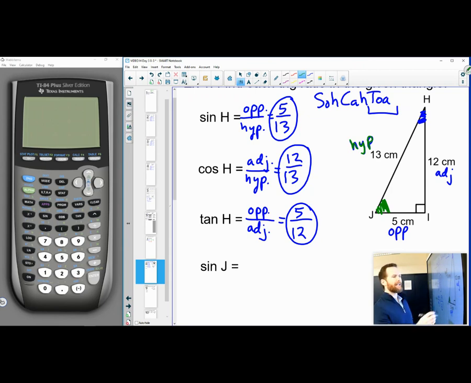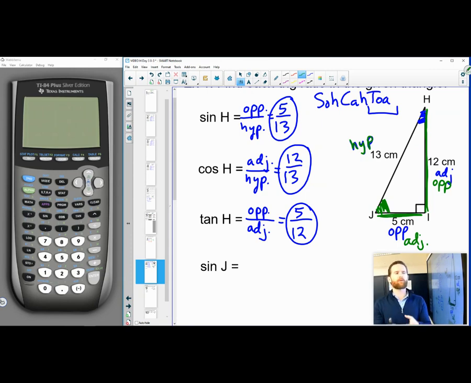But all of a sudden, the opposite and adjacent change places. 12 becomes the opposite leg, the leg that's not connected to our angle. And 5 becomes the adjacent, because now this leg is right next to our target angle, our angle of J.